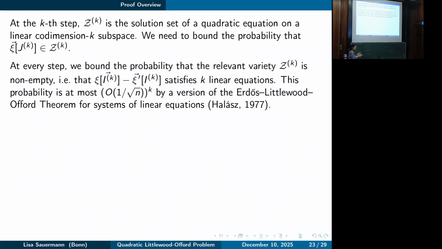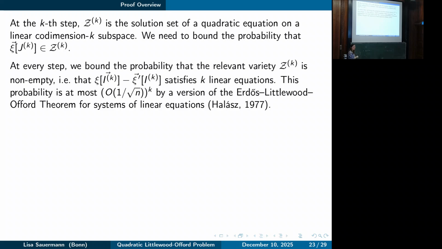Now it's the same idea as before. At every step, we bound the probability that the relevant variety is non-empty, because at every step you need to translate. You might get a translate depending on your outcomes of the psi i, psi ik and psi prime ik. But for those translates to coincide to get a non-empty intersection, you now have k linear equations, which you can still analyze.